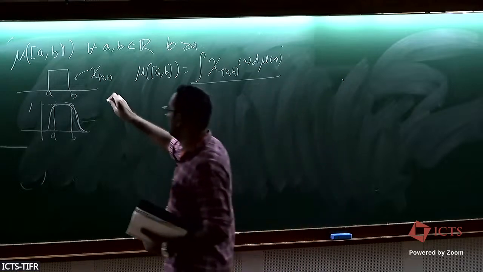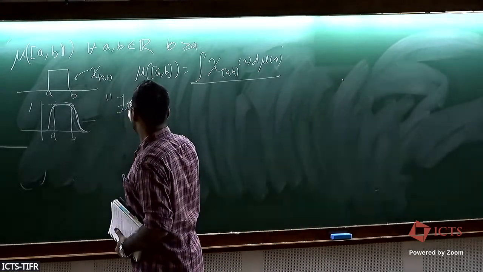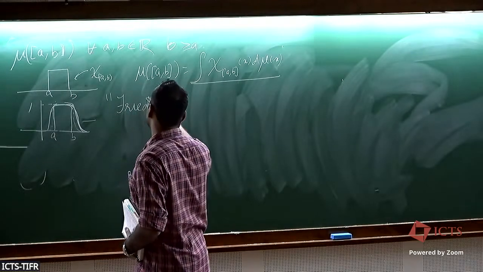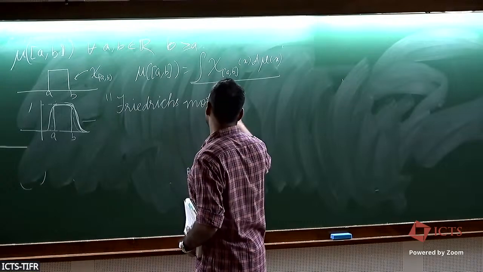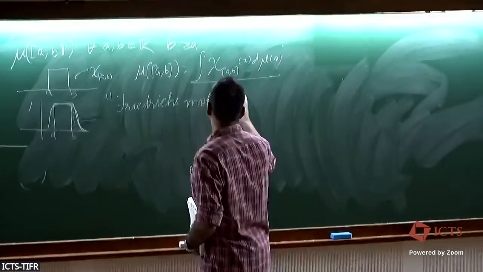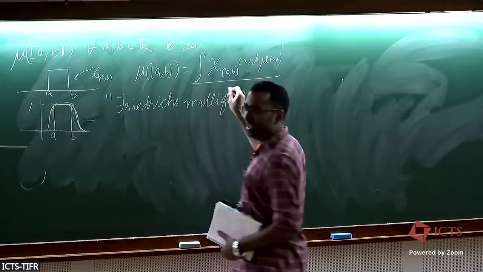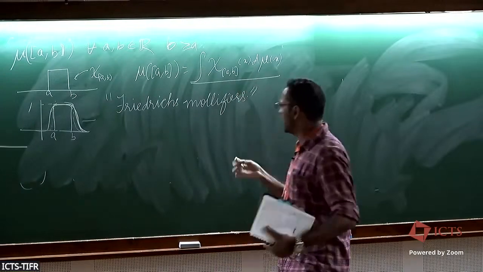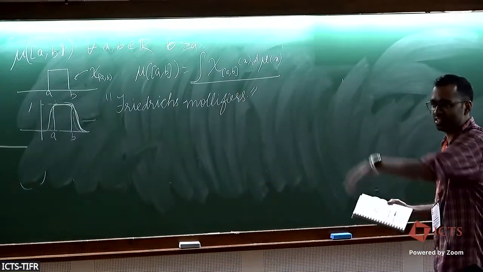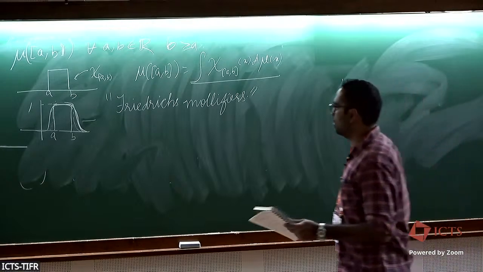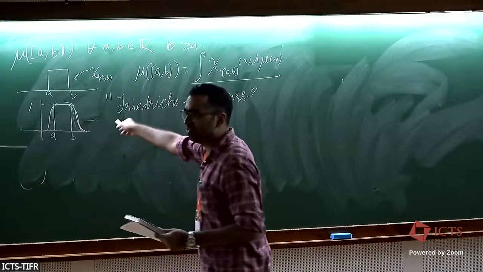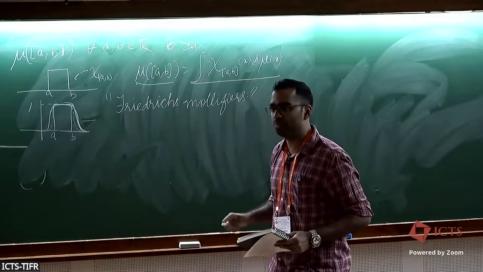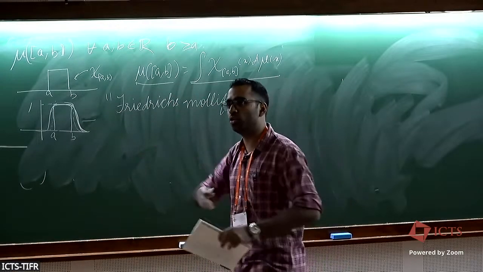You can look up Friedrichs mollifiers, which do exactly this. This is very interesting stuff from the 50s and 60s. So we know that given this, to arbitrary precision, we can approximate mu of (a, b). If you know all of those, then you know the probability distribution.